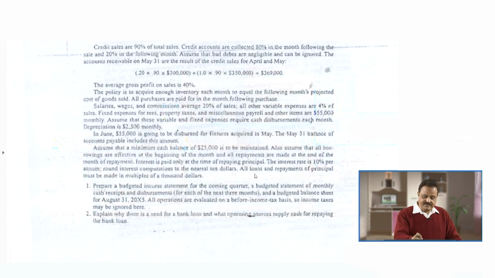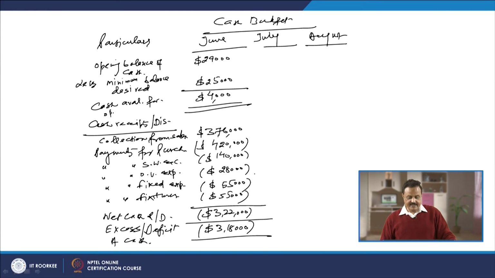Multiples of thousands means that, for example, now we require to pay $318,000 extra more than our collections, so it is in multiples of thousands. But for example, if we had to pay $318,500, we will not be borrowing $318,500, but we have to borrow $319,000, and we have to pay extra interest on that $500 which we otherwise do not require.